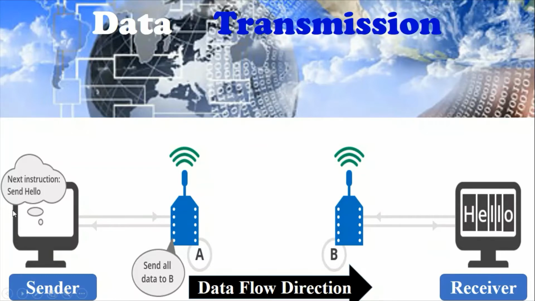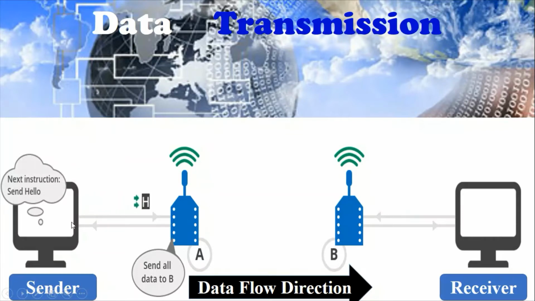There is an instruction being sent, and that instruction is hello, and character by character data is sent towards the receiver. This one is a sender computer and this one is a receiver, and data is flowing towards the right direction. As we can see, character by character data is sent towards the B device, that is the receiver device or receiver computer, and we can see hello is received on the other end.